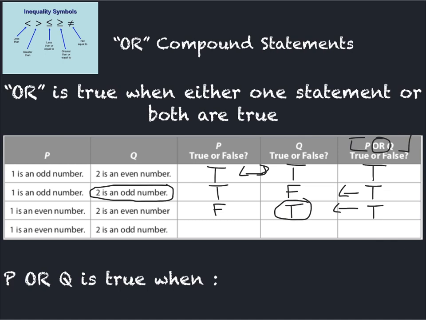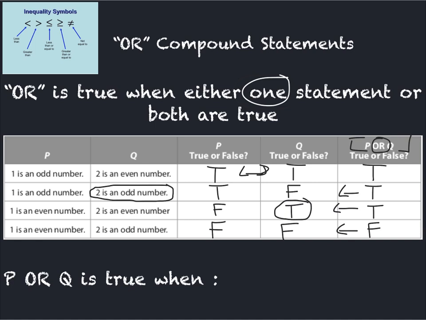And the last one, 1 is an even number, which is false, and 2 is an odd number, which is false. In this case, P or Q, remember, we need at least one statement to be true. If we don't have one, then the compound or statement isn't going to be true. So in this case, this is going to be false because both of our statements are false.